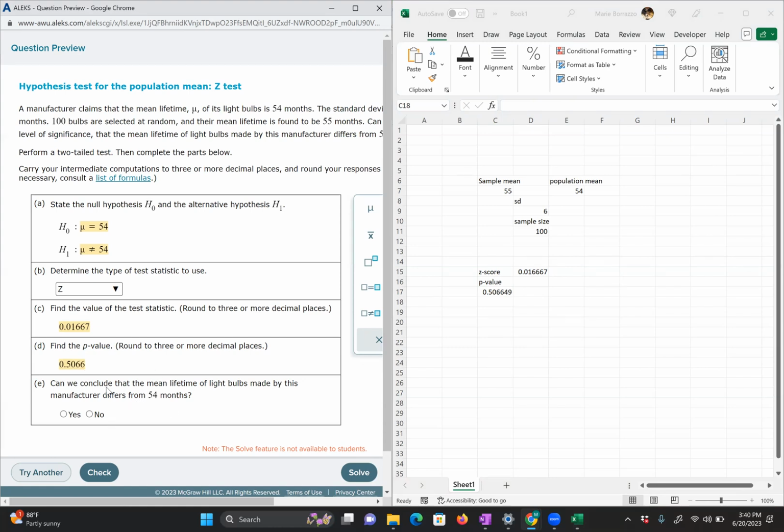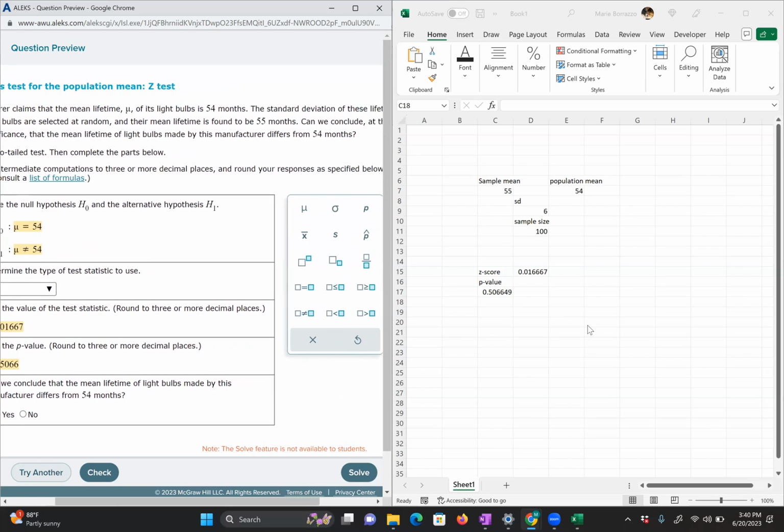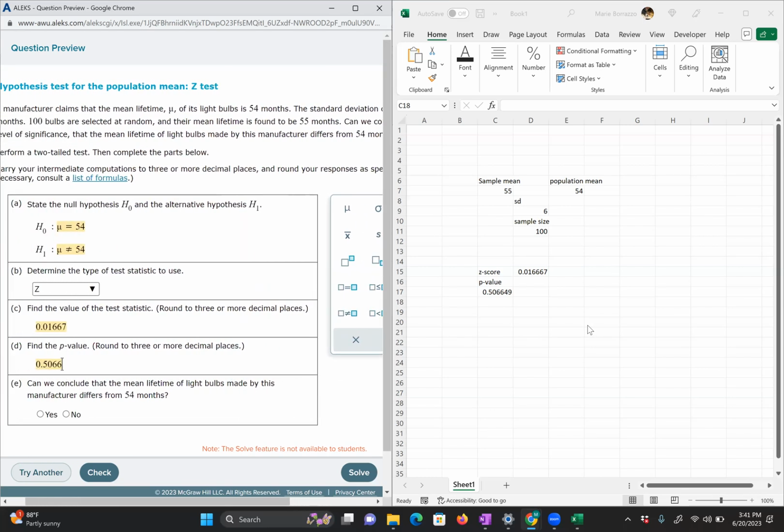And then lastly, can we conclude that the mean lifetime of light bulbs made by this manufacturer differs? Does it differ? The rule of thumb is, because our alpha value, what is our alpha value?